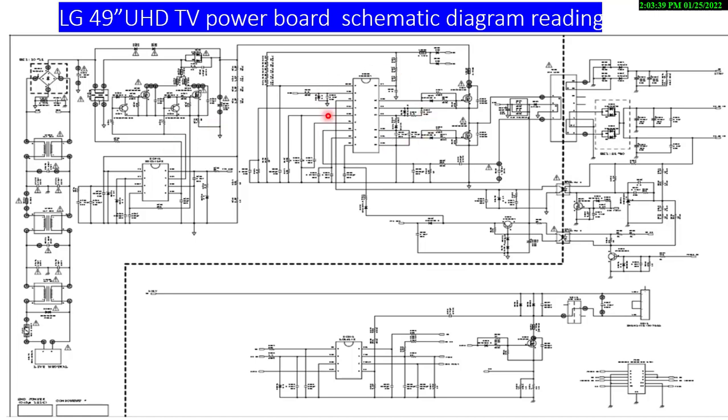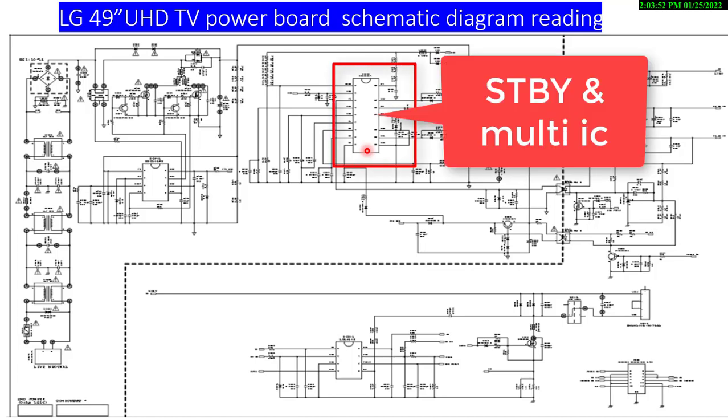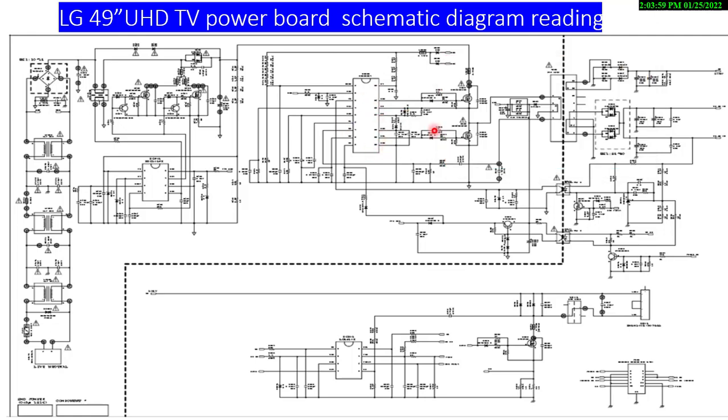The other circuit is here, the multi-circuit and standby circuit. This one is the IC which includes the standby IC and the multi IC. That is used to output standby voltage and multi voltage for the TV. The other one is the chopper transformer.